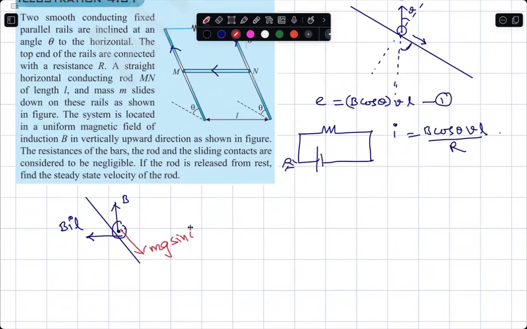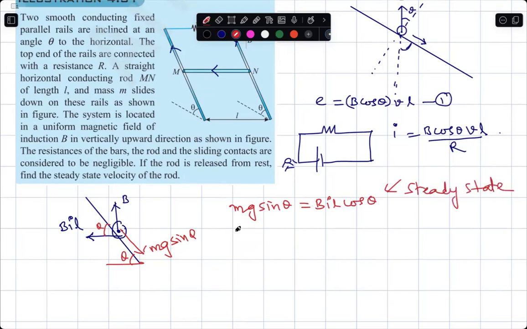mg sin theta. If mg sin theta balances with BIL cos theta, steady state is achieved. So mg sin theta is B cos theta times VL by R times L cos theta.